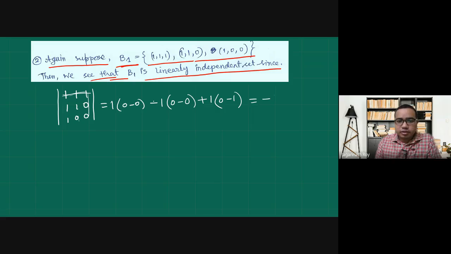So this is actually minus 1, non-zero. So the vectors are linearly independent.